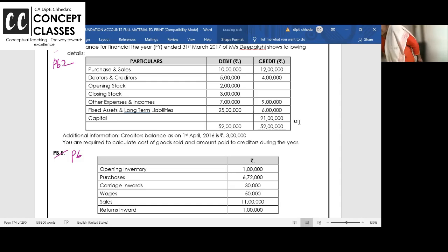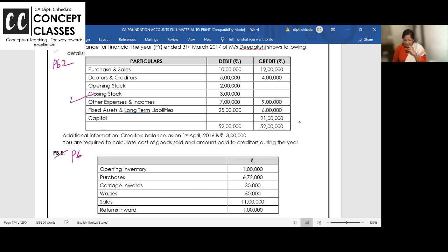So you should know both ways of doing it. This time they have given you a trial balance, only to prepare the trading account. Purchase is given, sale is given, debtors and creditors are of no use because we don't take them in the trading account. Did you understand the format? Opening stock. Now look at the screen.